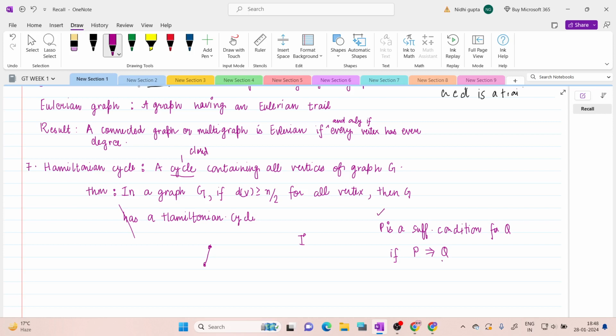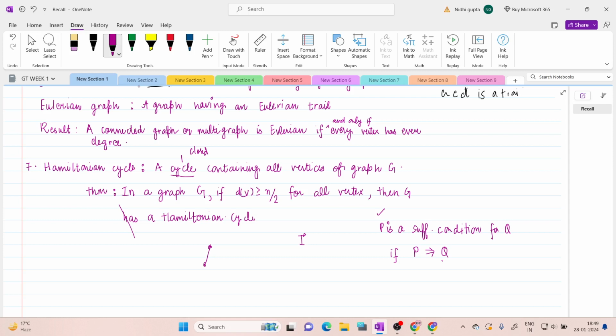So P will be a sufficient condition for Q. In this case, for having a Hamiltonian cycle, each vertex having degree greater than or equal to n/2 is a sufficient condition.